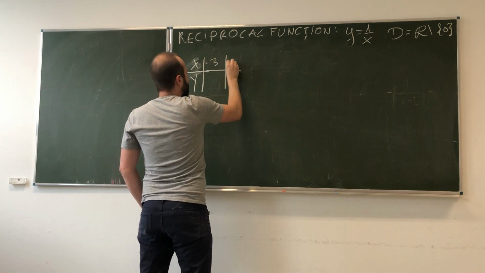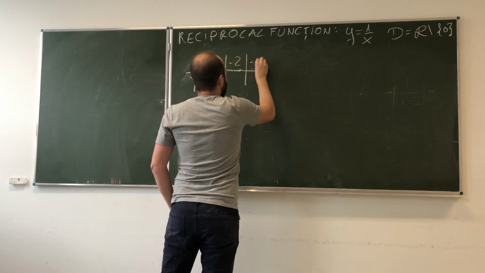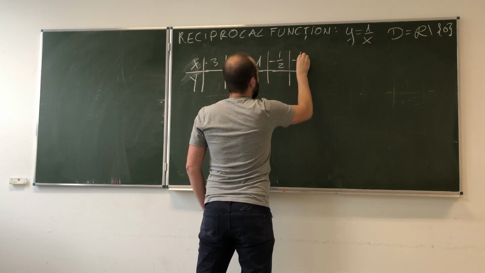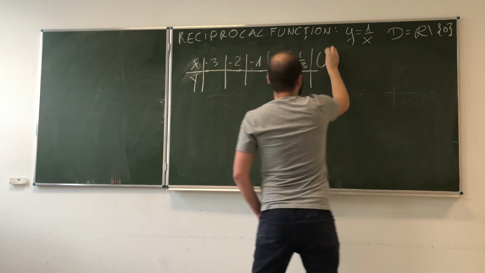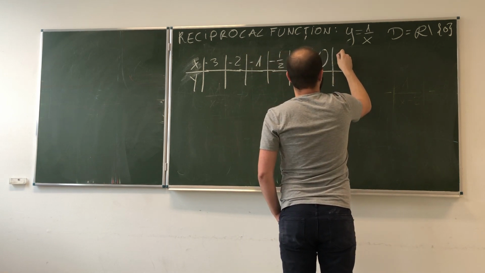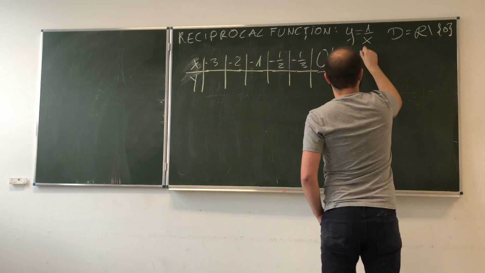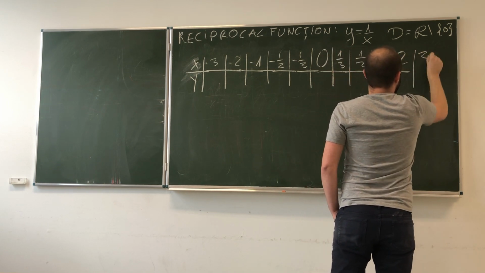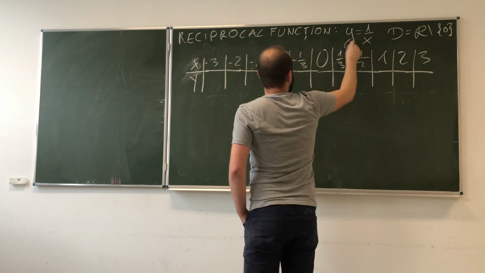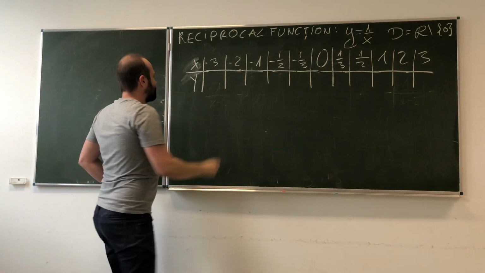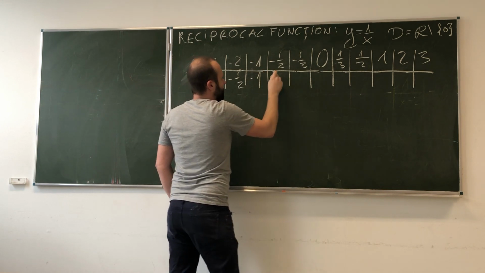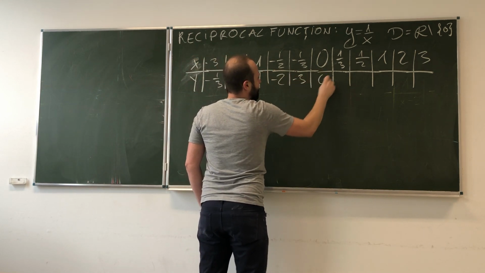We've got -3, -2, -1, -1 over 2, -1 over 3, 0, 1 over 3, 1 over 2, 1, 2, 3. Okay, so we remember, of course, all the values for this function: -1 over 3, -1 over 2, -1, -2, -3.